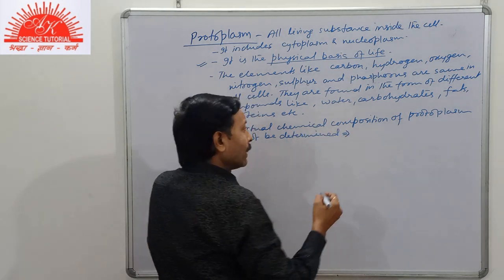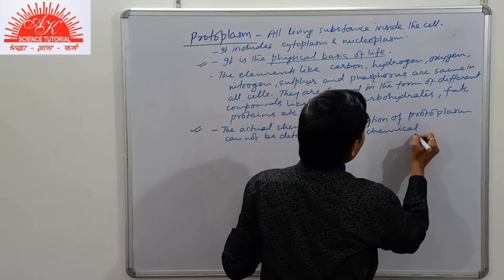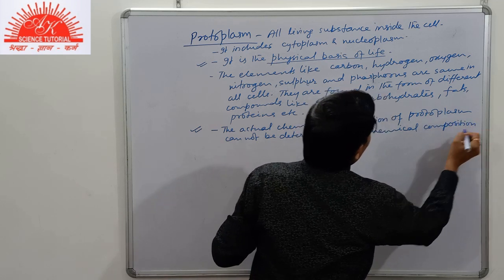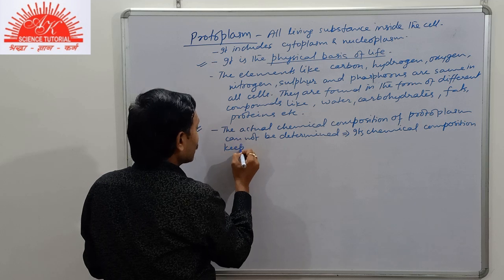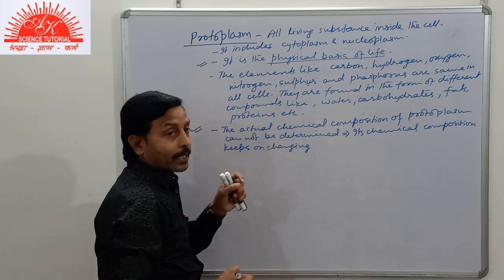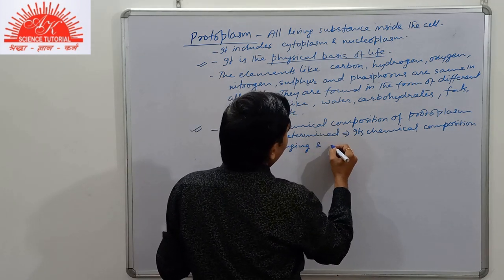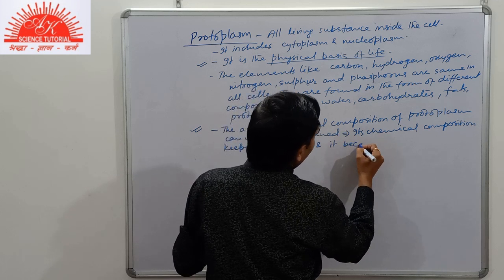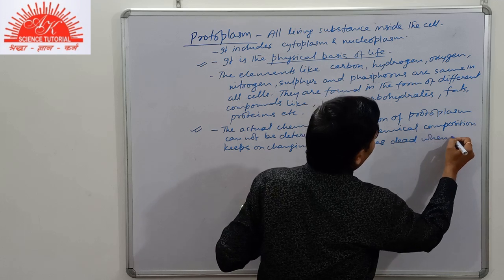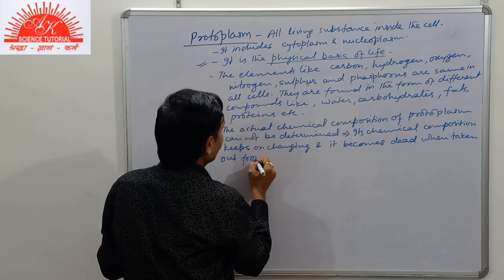The reason is that its chemical composition keeps on changing due to the metabolic activities taking place inside the protoplasm, and it becomes dead when taken out from the cell.